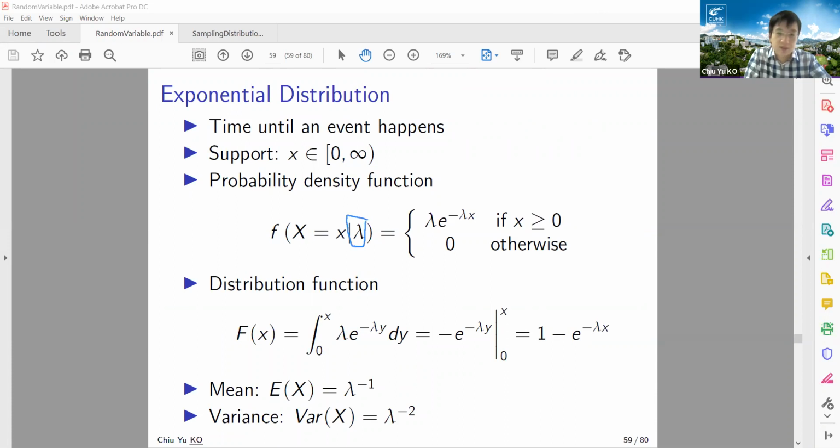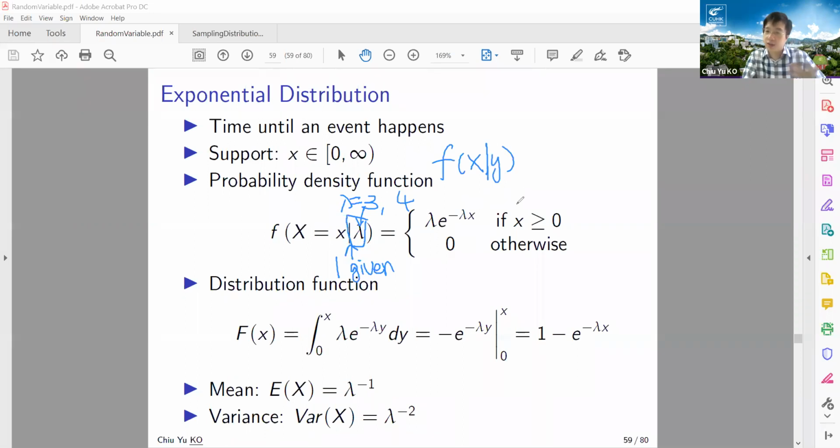Okay, this vertical bar is called given. Given the value of lambda, so we know the value of lambda. So lambda is not a random variable. Usually when you write probability, lambda is say the number 3, lambda equal to 3, lambda equal to 4, equal to some number. Because we write x and y, sometimes there are 2 variables, but when we write this, it is a value we know.